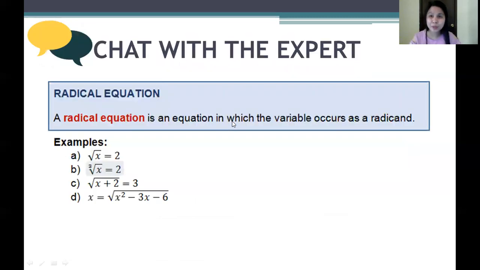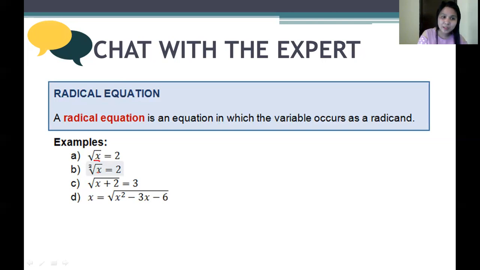Now, what is a radical equation? A radical equation is an equation in which a variable, again, the variable is a radicand. For example, on the first one, you just check the radicand. The radicand is x. Therefore, it's a radical equation.